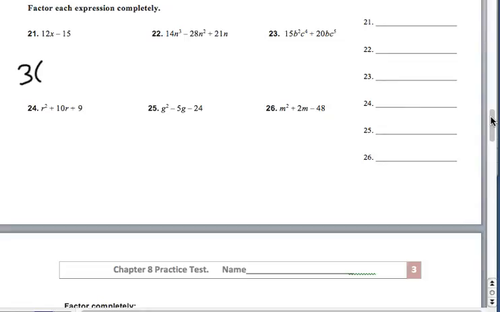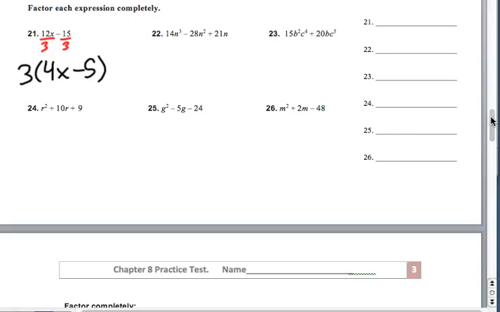So remember then, picture dividing a 3 out of both of those. So 12x divided by 3 leaves me 4x. 15 divided by 3 leaves me a negative 5. And that one, that's as far as I can take it, okay? Remember, only quadratics and stuff like that can break down even further. So something linear like this, I'm already done. There's nothing more to be had with this one.